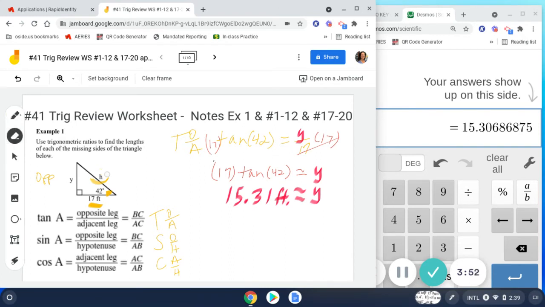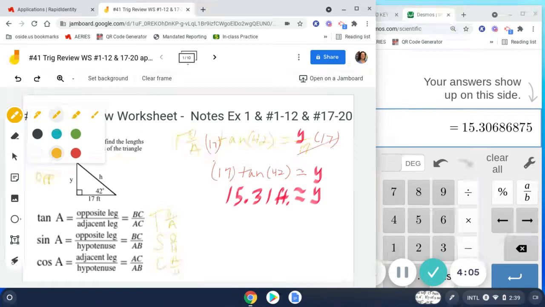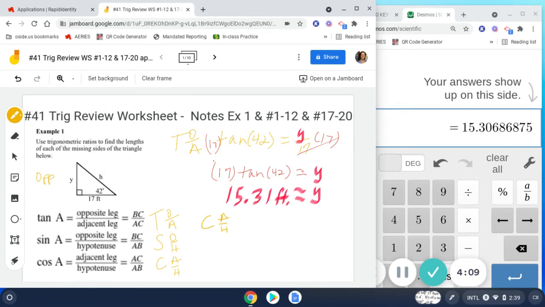Using the adjacent and the hypotenuse, which trig function is that going to be? Adjacent and the hypotenuse is going to be our cosine, our CA. So here we go. Step 1, identify. It's going to be a cosine.